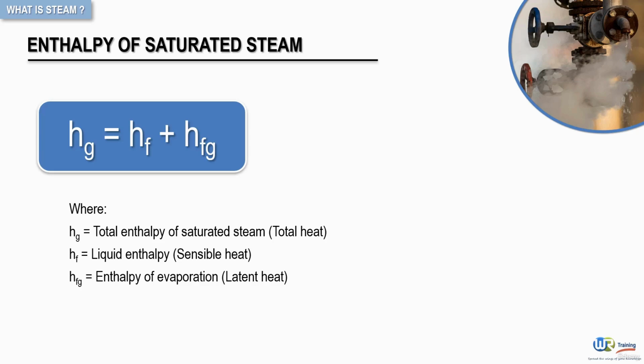Recall, the old term for the enthalpy of evaporation is latent heat. The enthalpy, as well as other thermodynamic properties of saturated steam, can easily be referenced using the tabulated results of water and steam experiments, known as steam tables. This will be discussed further ahead in the next video.